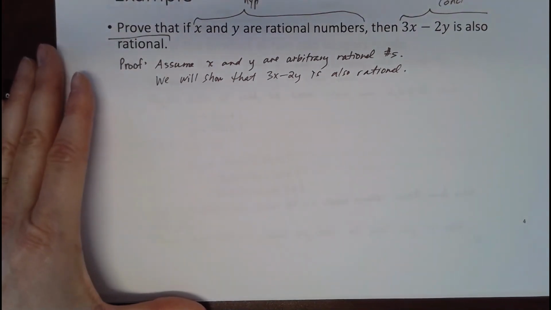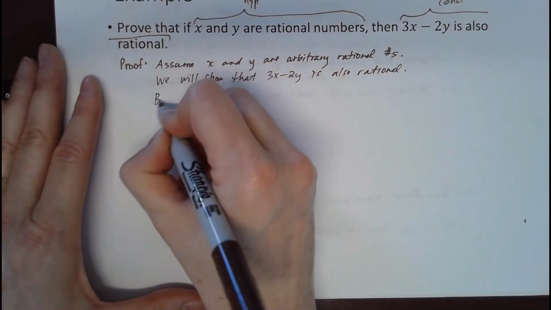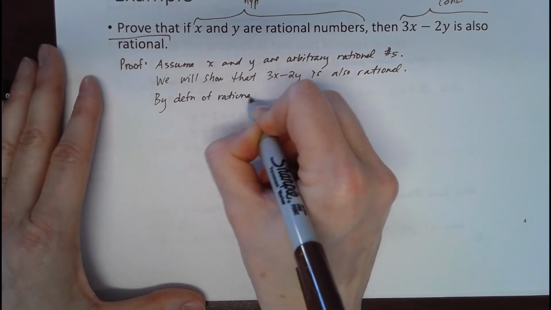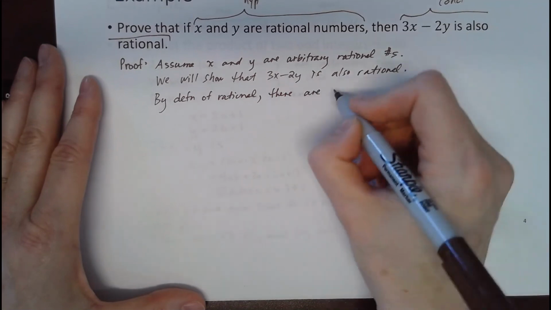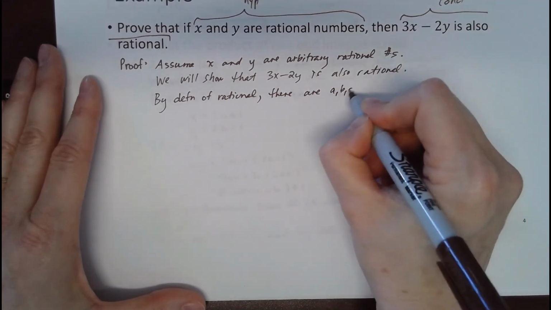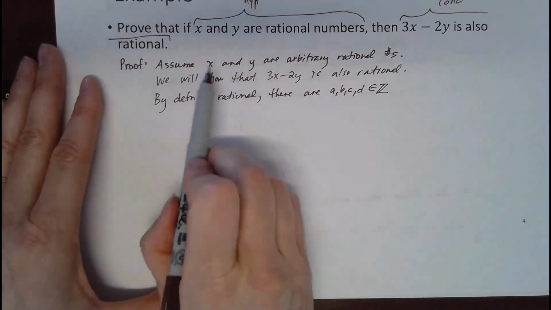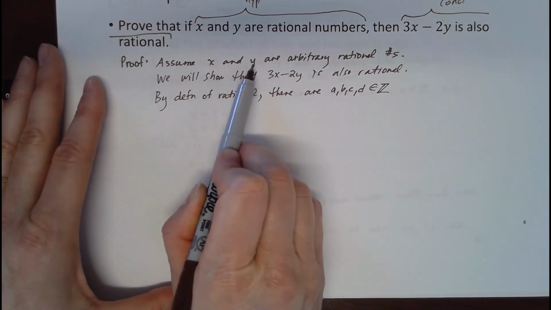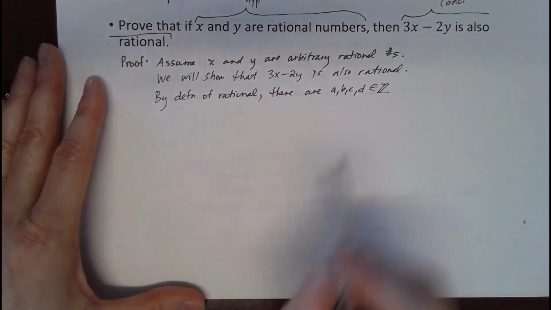All right, it's important that we know the definition of rational. So by definition of rational, there are integers, I'll call them a, b, c, and d. x has to be able to be written as a ratio of two integers, and y has to be able to be written as a ratio of two integers, and the denominators can't be 0.